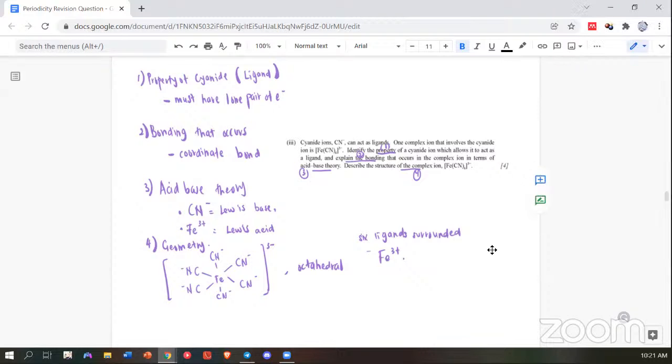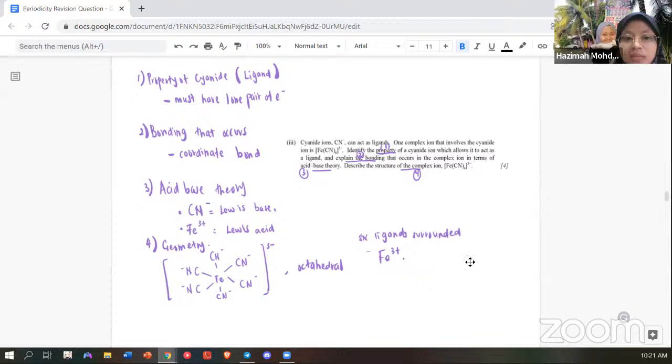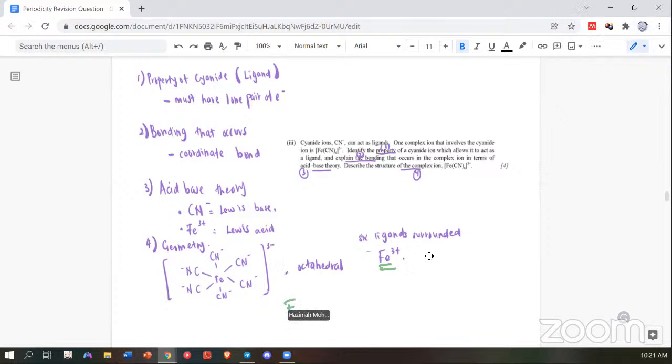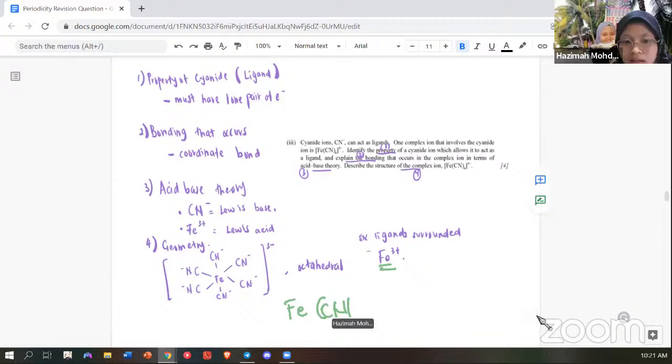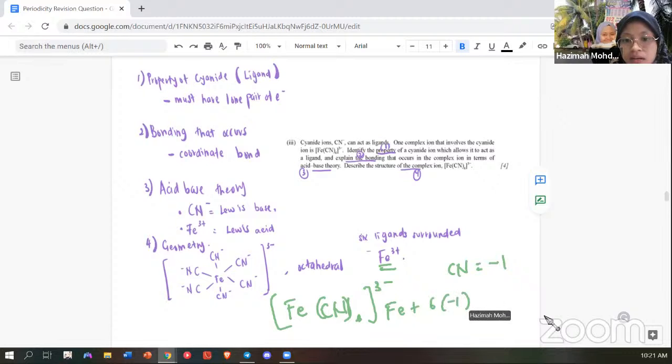3 plus ke 3 minus? 3+, okay. Macam mana dapat 3+ ni? Sebab Fe, CN, 6 ni 3 minus kan? Okay, so we know that CN is -1, right? So Fe plus 6 -1 equal to -3.